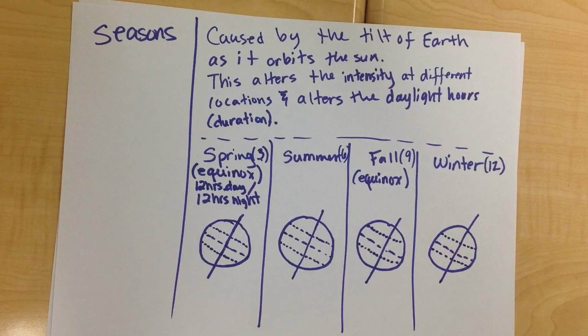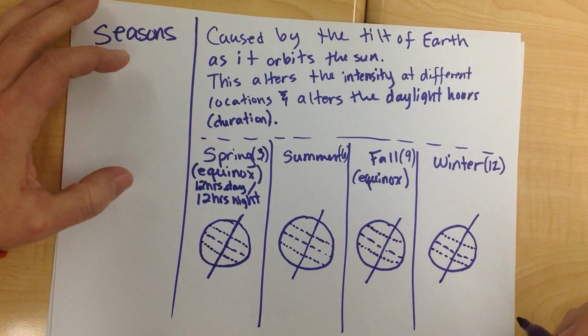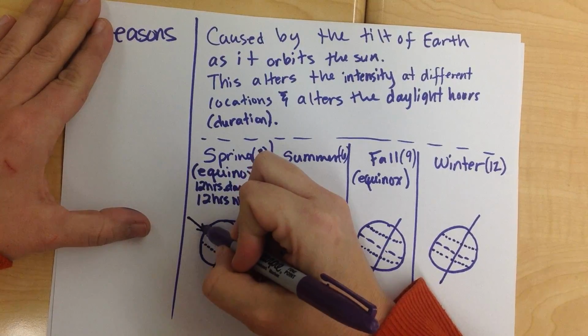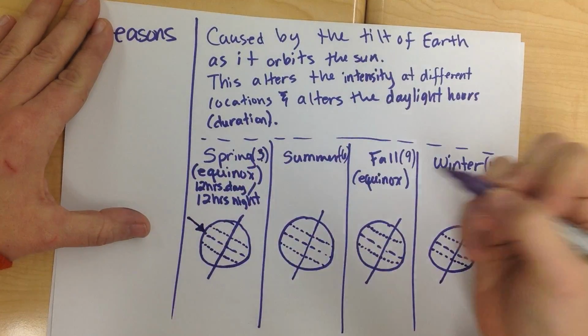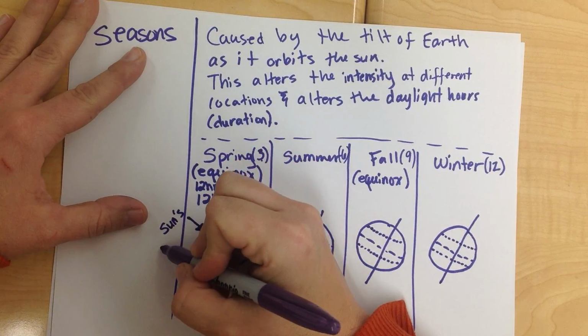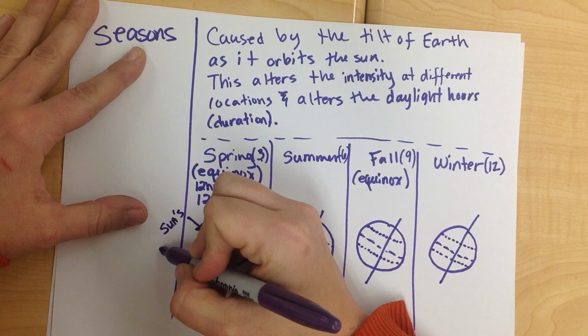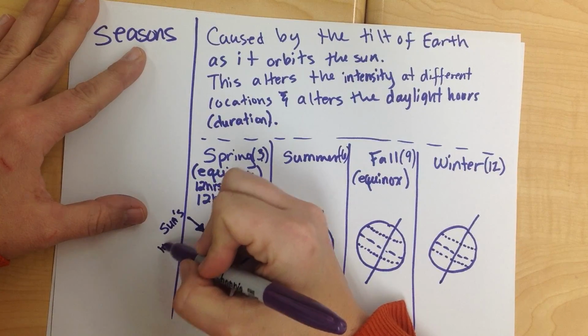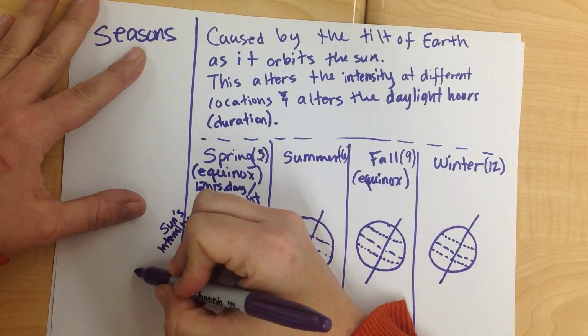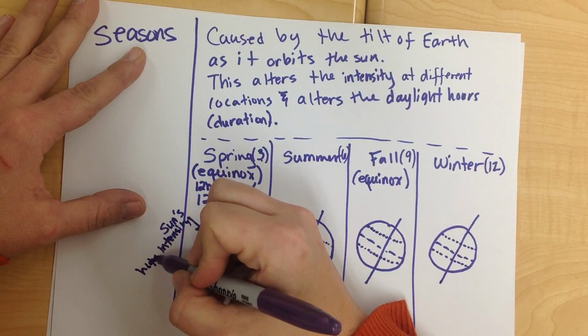Okay, so for spring and also fall, the sun's most intense radiation is going to be sitting right there on the equator. So you're going to make that arrow, and we'll say sun's highest intensity.